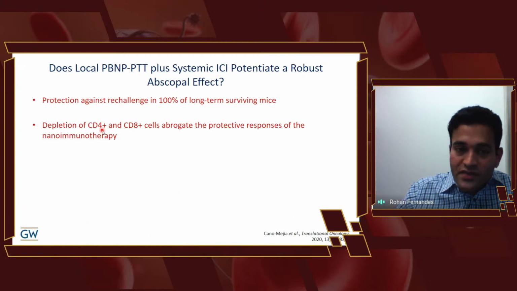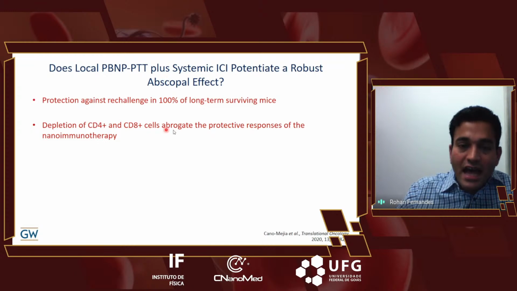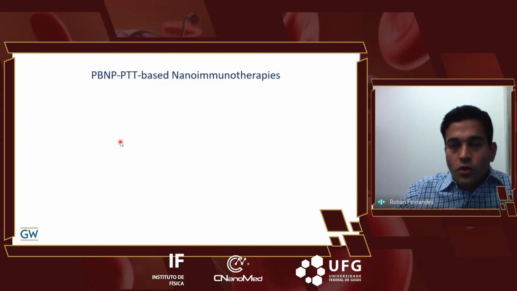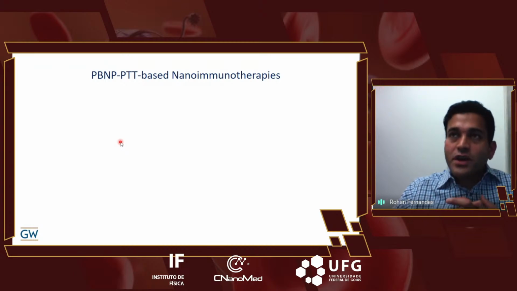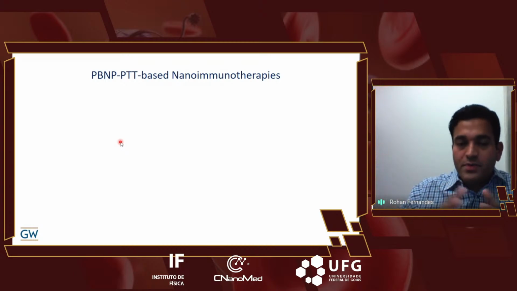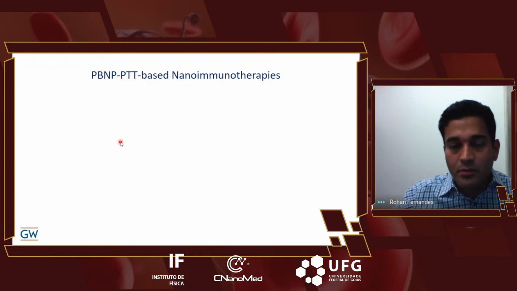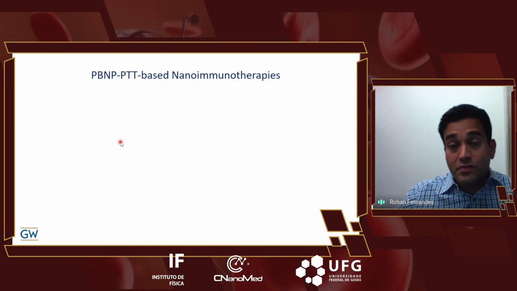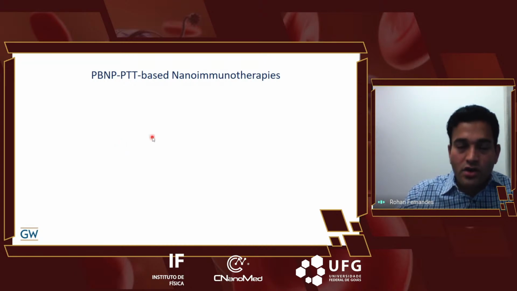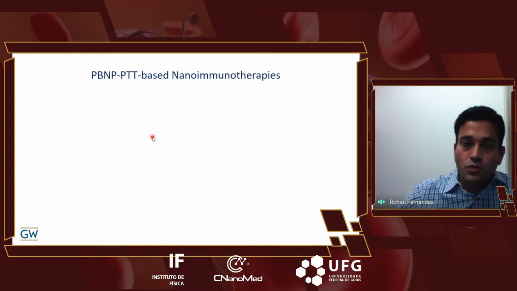And we observed that the depletion of CD4 and CD8 abrogated the protective responses of the nanoimmunotherapy, and these animals progressed similar to untreated animals. So this was very encouraging for us because it shows the development of the body of work wherein we started with an ablative therapy and started adding immune pieces to it, as well as existing immunotherapies to boost treatment responses for a disease that currently has a very poor prognosis, which we are building towards.